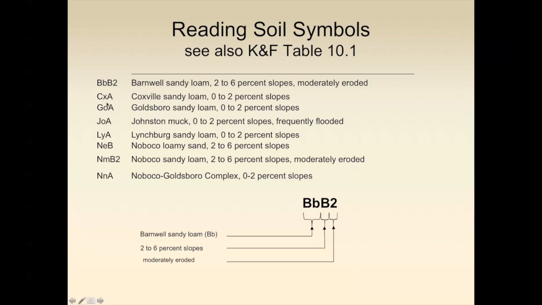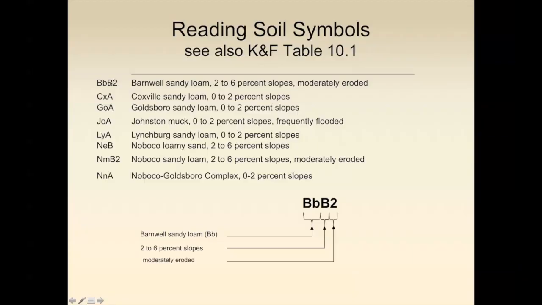This would be, for instance, a Coxville. This would be a Goldsboro Johnson. Those are assigned prior to it. And remember, soil series are usually assigned names based on the towns where they were discovered, or some kind of geographic feature that they were discovered close to.